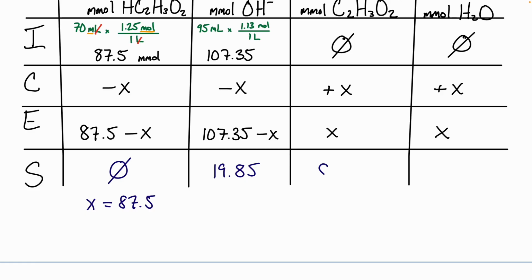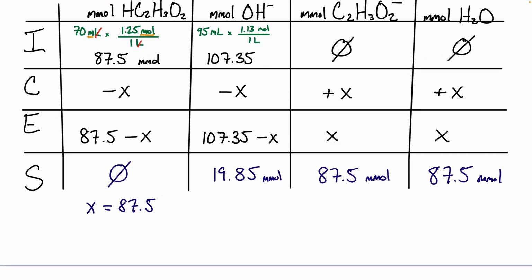I have 87.5 millimoles, I'll put my units in here to be good, of weak base, and 87.5 millimoles of water. All right. Cool. So now I don't have any of that weak acid left over because we're past the equivalence point. I don't care how much water I made because it's neutral.